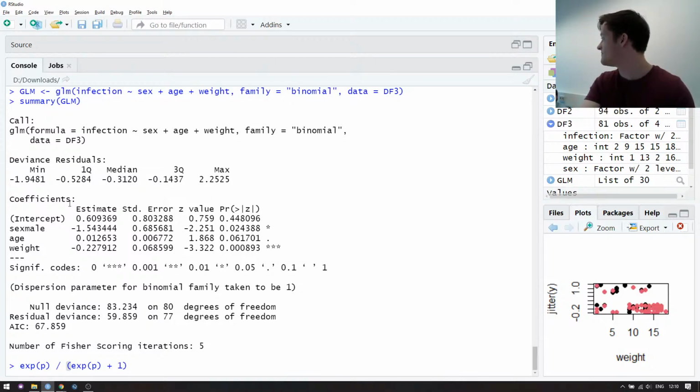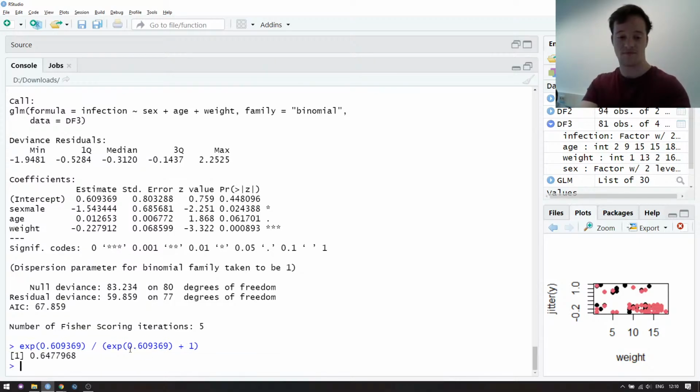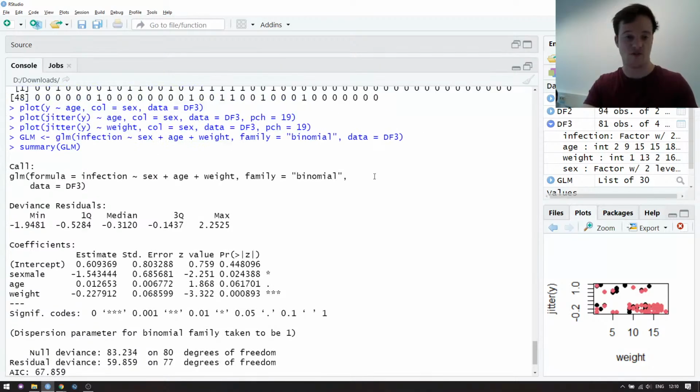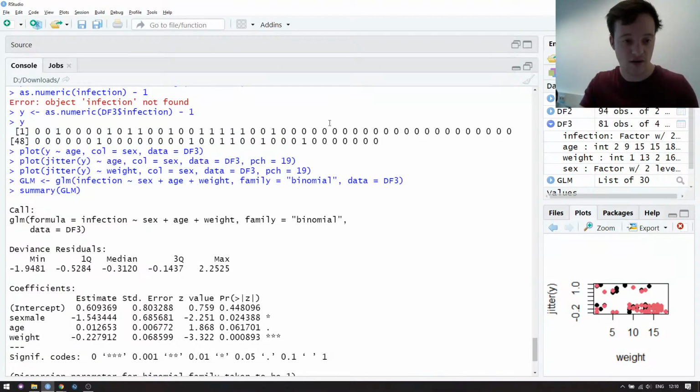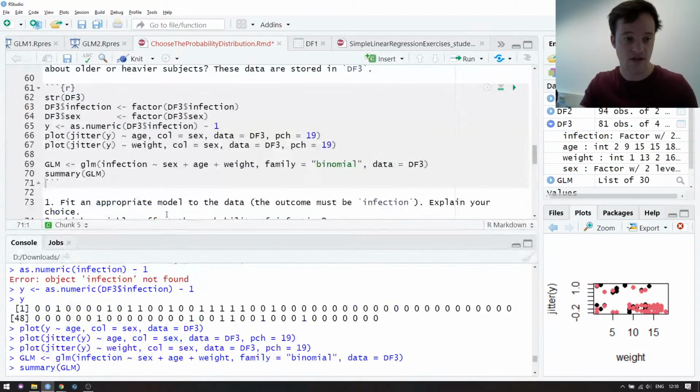Yes? Yeah, the estimate. So, let's start with the intercept. What is the base rate of this occurring? That's what this answers. That is, 65% chance of a success. And in this case, what is success? What is failure? Let's see. We will have to look at this. DF3 infection.